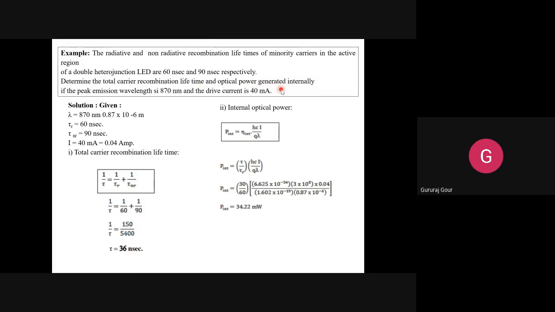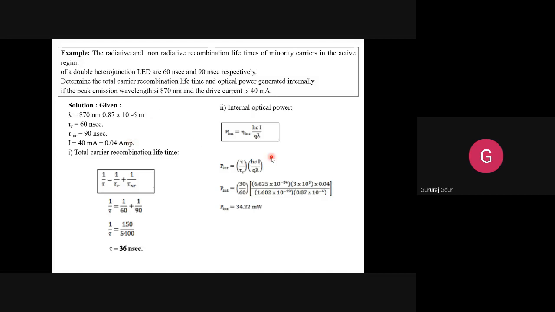And the optical power generated internally, internal optical power, not external. The peak emission wavelength is 870 nanometer and the drive current is 40 milliampere. I can substitute these things, internal quantum efficiency, that is tau by tau R, 30 by 60, h Planck's constant. I told you that Planck's constant and Boltzmann constant are not going to be given.